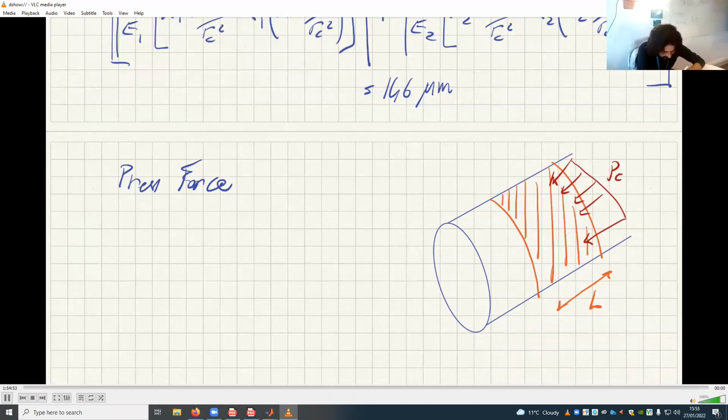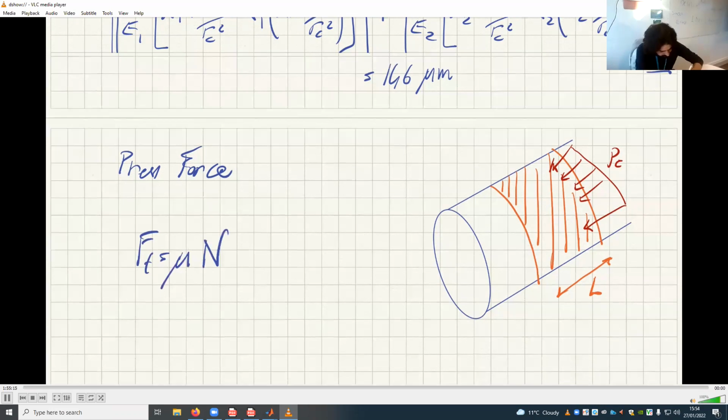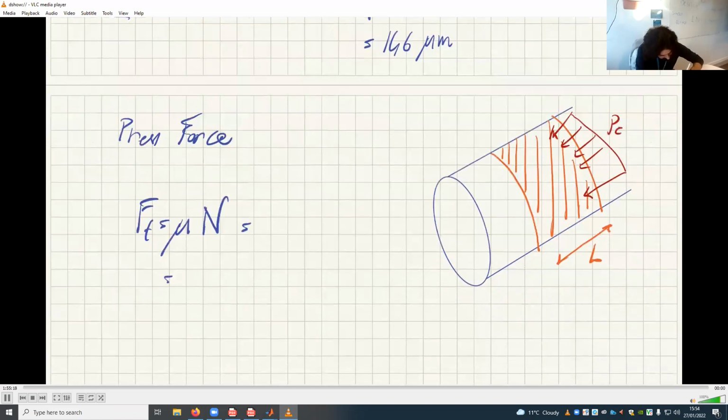And so I'm saying that the friction force, remember, what is the definition of the friction force? Mu times N. What is N? The normal force, which is the force that closes the contact. And the force that closes the contact is PC times the contact area.